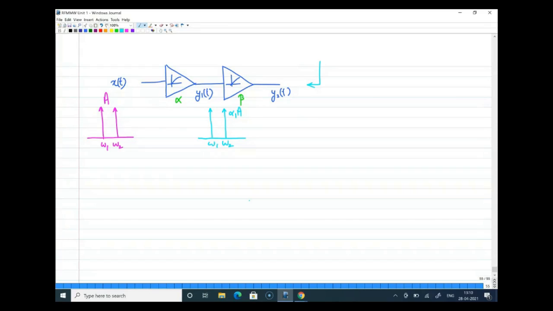So you have to consider all the other terms which can result in a third order term at the final output. So this is alpha 1 A here.